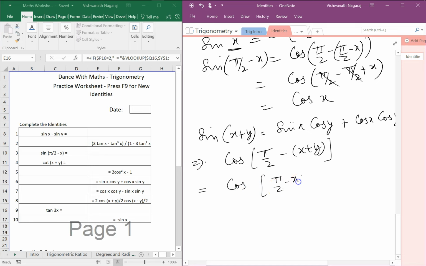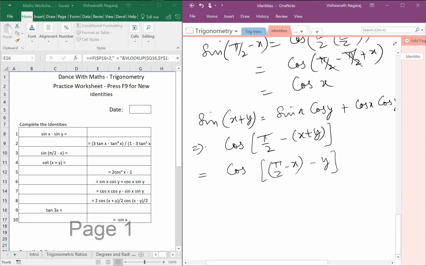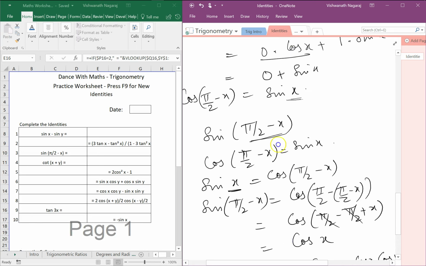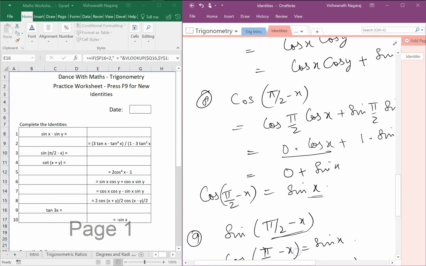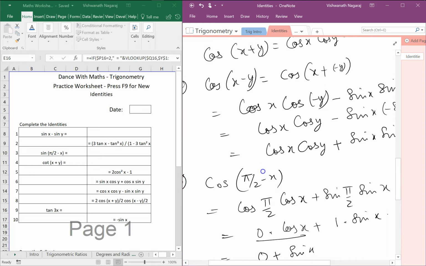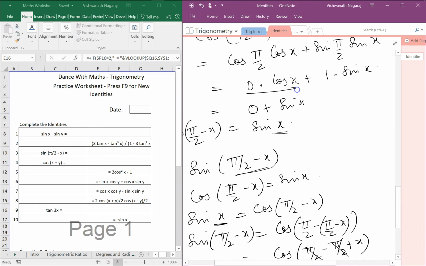Pi by 2 minus x minus y. When we open the bracket, plus into minus minus. Yes. Now we know cos x minus y is what? Again using the identity, right? X minus y. So cos x cos y plus sin x sin y.